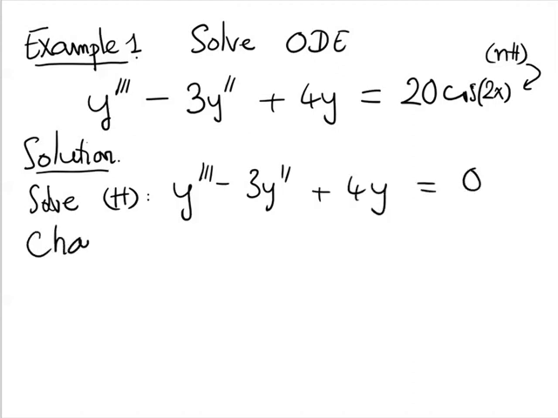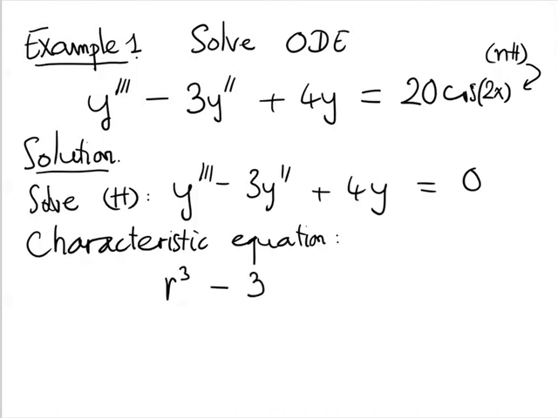And we have the characteristic equation. Third derivative gives us r cubed minus 3, second derivative gives us r squared, and there's no first derivative. And lastly, 4y gives us just 4 equals 0.